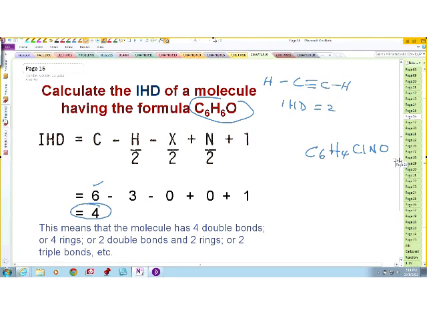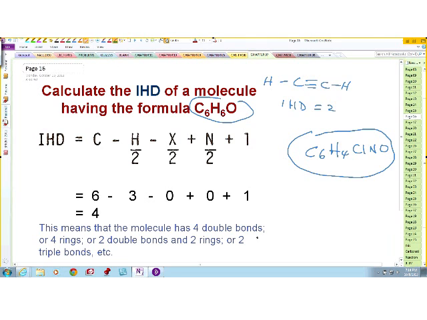If I give you that formula and I say, give me the index of hydrogen deficiency for this molecule, let us use this formula here.